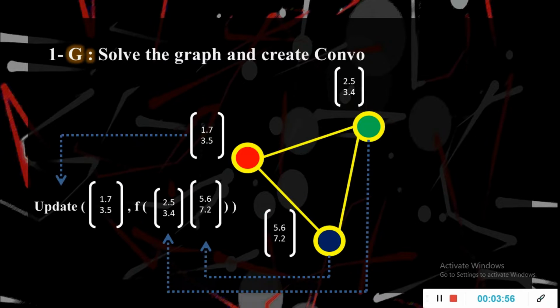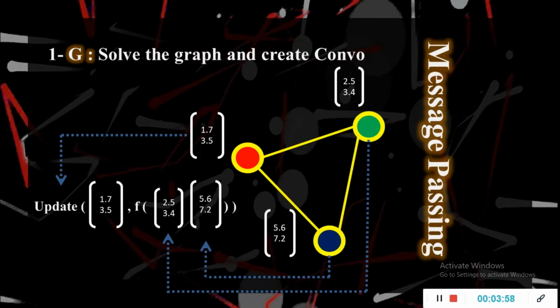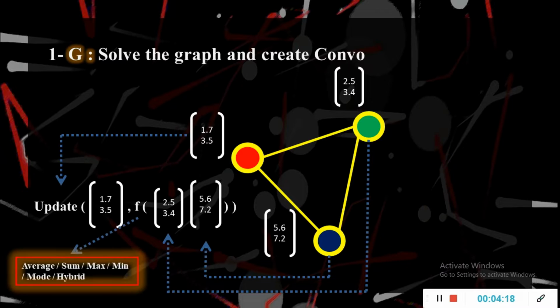This process is also known as message passing. And how are we going to do this? To share information with the red node, we first need to combine the green node information and the blue node information, which is some kind of function we apply on these vectors. This function can be average, sum, maximum, minimum, mode, or some kind of hybrid approach.